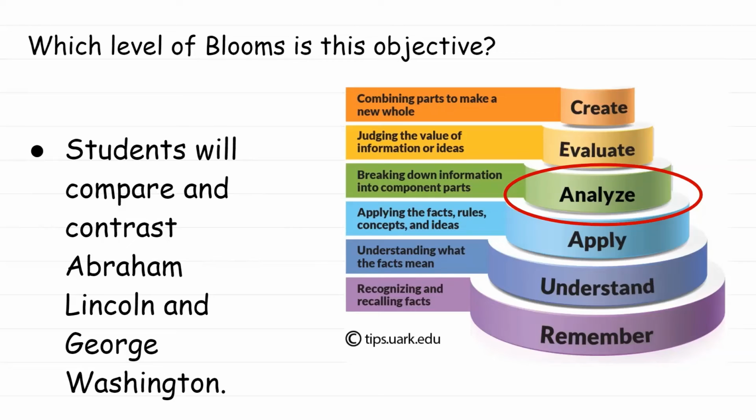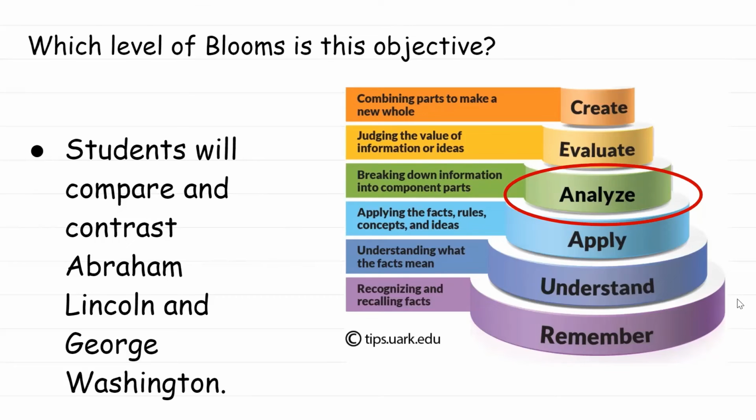They are analyzing the different parts. See, you can see here, breaking down information into component parts. So they're analyzing them. They're looking at them and thinking, what is the same? What is different between these two historical figures? So if you were asking students to do this, you would be working up here in this level of thinking.